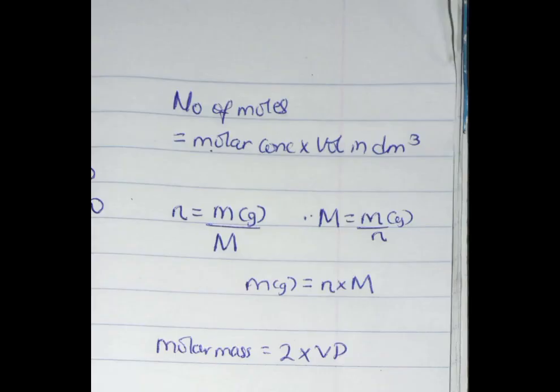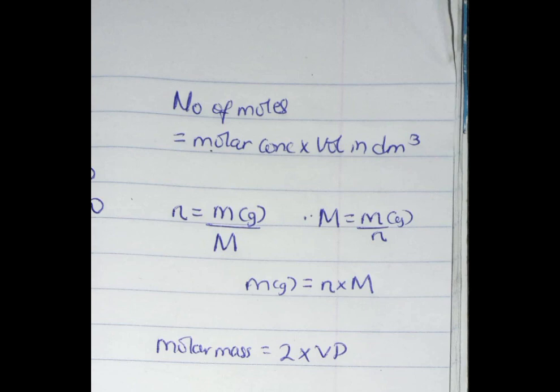Before then, let's recap some formulas. The number of moles is equal to the molar concentration times the volume, but the volume should be in dm cube. A decimeter is 10, 10, 10, that's 1000, so if it is in centimeter cube, you divide by 1000. The number of moles is also equal to the mass reacted over the molar mass.